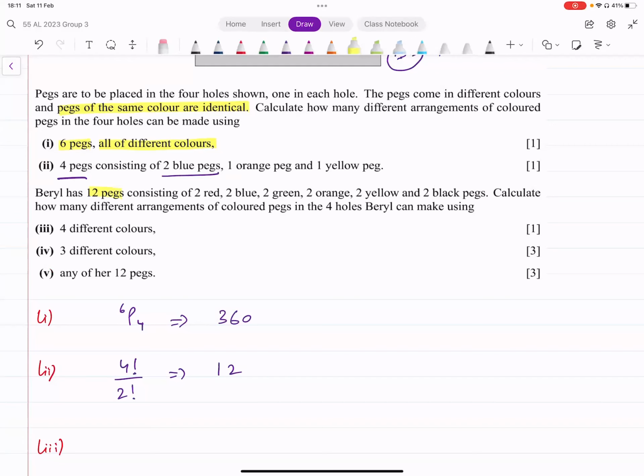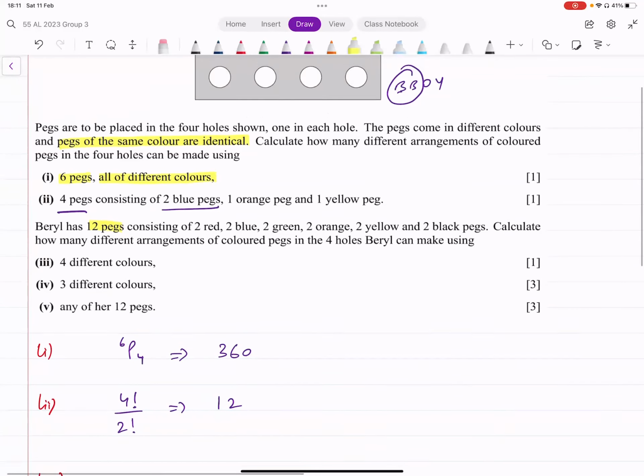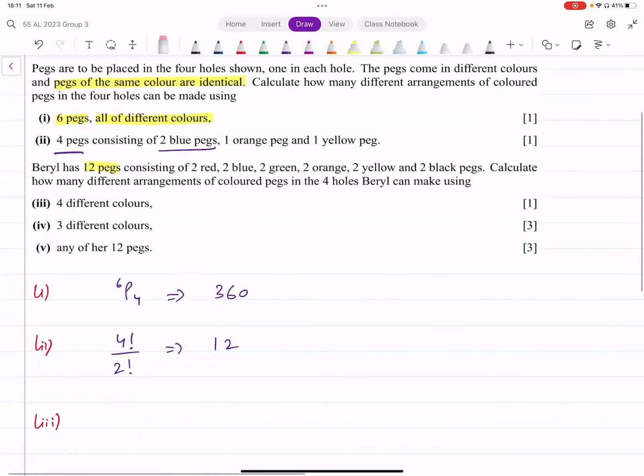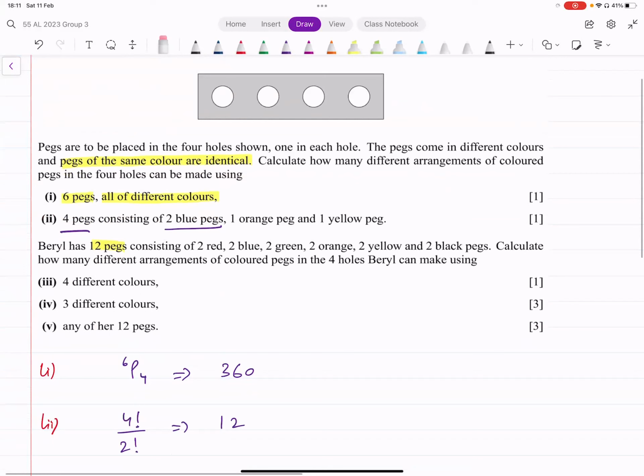Calculate how many different arrangements of colored pegs in the 4 holes she can make using 4 different colors. How many different arrangements can be made in these 4 holes using 4 different colors? We have to use 4 different colors. How many colors are there in total? Total colors are still 6. It's just that you have 2 pegs of each color.